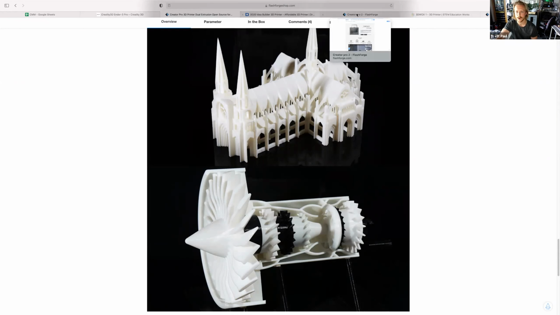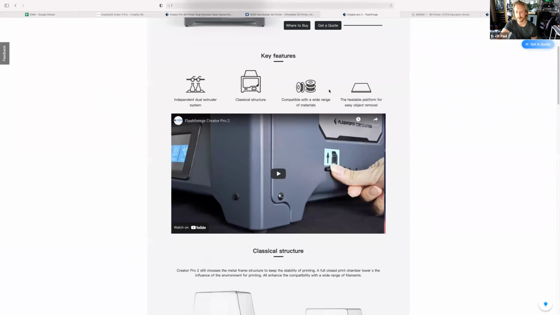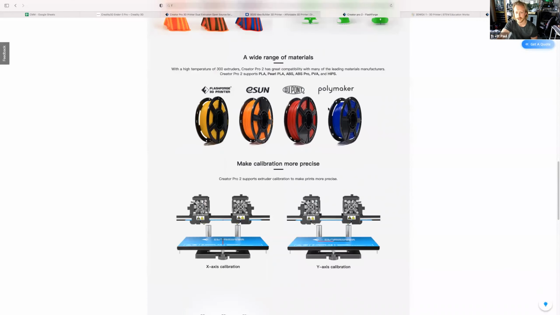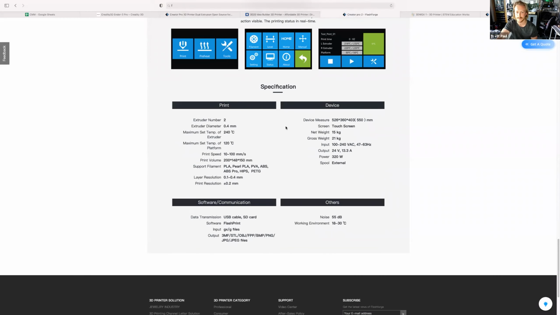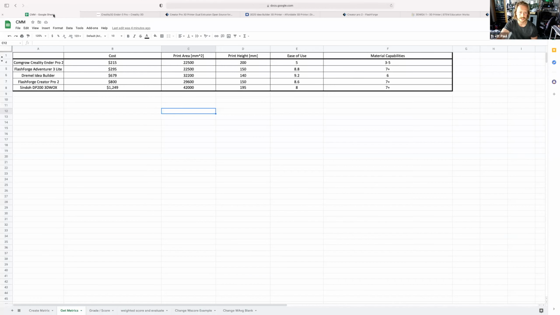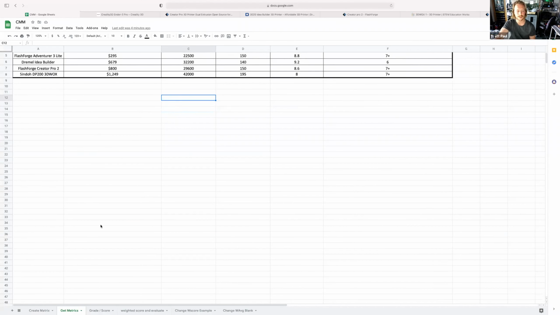I've popped each one of these up. We're not going to physically find all this information; I've already done that. But most websites are going to have something like this, labeled specifications, with things like print speed, maximum temperature, and the number of materials that you can print. What I did was open up another sheet.